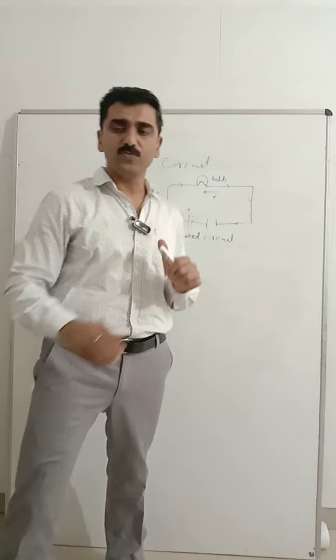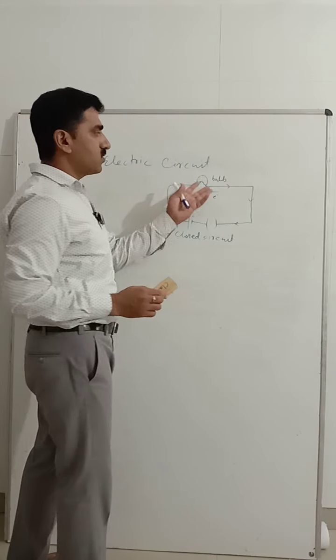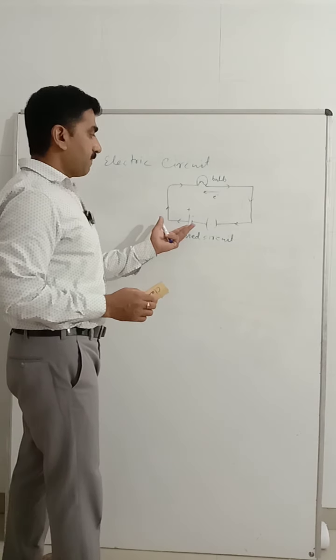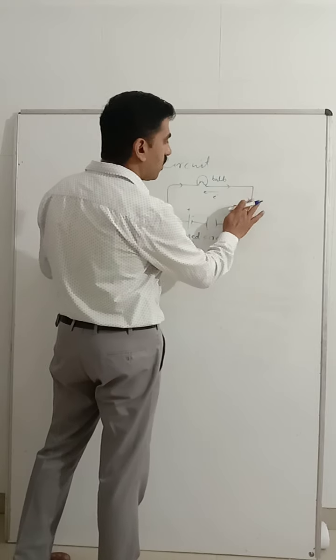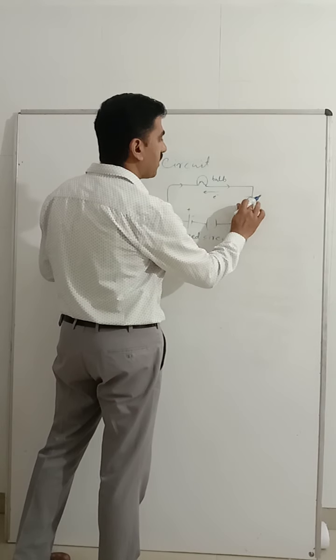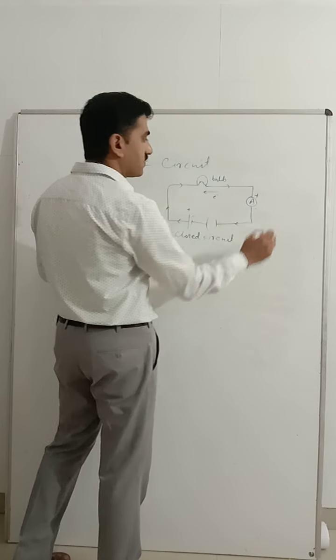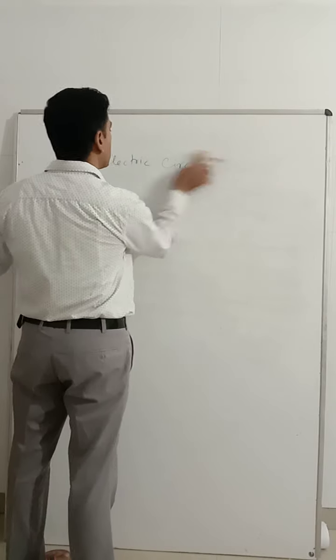A circuit comprises some electric resistance, cell, key, etc. Your ammeter can also be there. Ammeter is always connected in series. How do we connect the ammeter? This is a series circuit, so the ammeter is connected like this. Ammeter is always connected in series. Remember it, a very important thing.